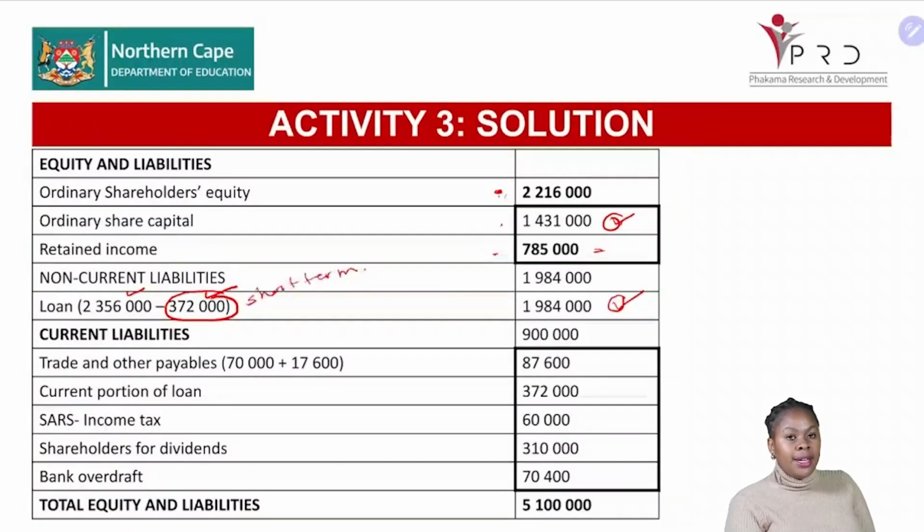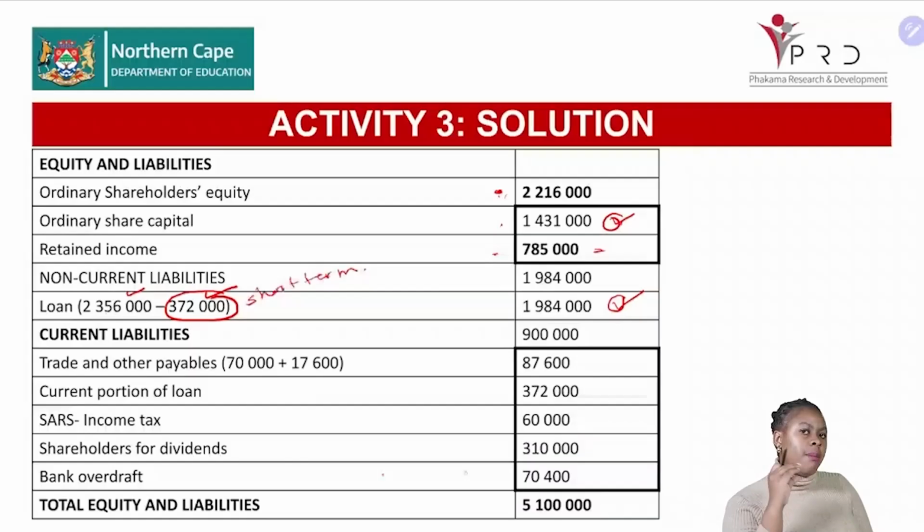So in plain English, this is what I'm saying. I'm saying that I owe, or the business owes, 2,356,000 in total. However, because now we are using the materiality principle, we have to then allocate our loan in a particular way, right? It has been divided into 2 sections. The 2,356,000 is a total amount.